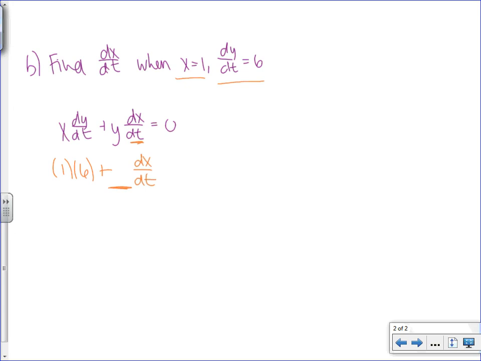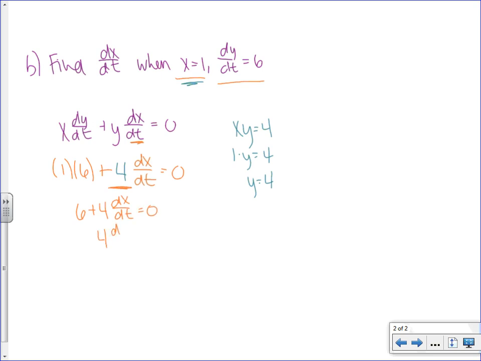I don't know y, but I know that x is equal to 1. So I've got x times y is equal to 4, but x is equal to 1. So we get that y is equal to 4. So that's what I'm going to plug in here. Forgot my equals 0. So I've got 6 plus 4 dx/dt is equal to 0.